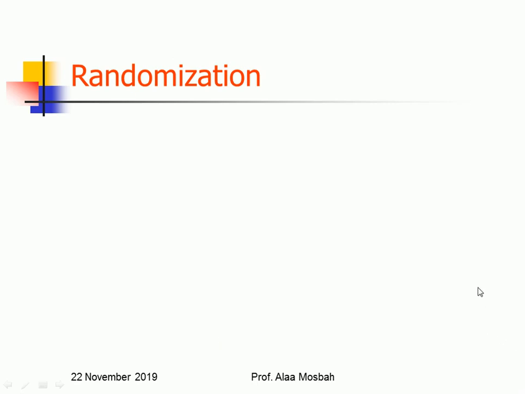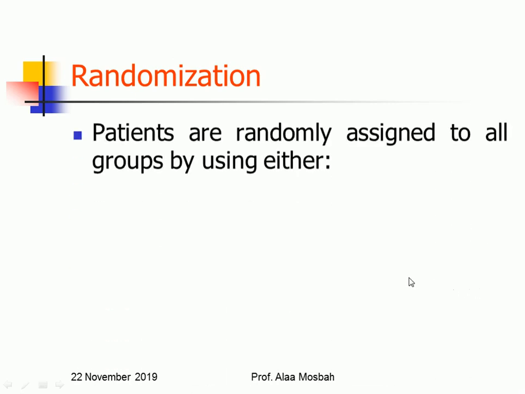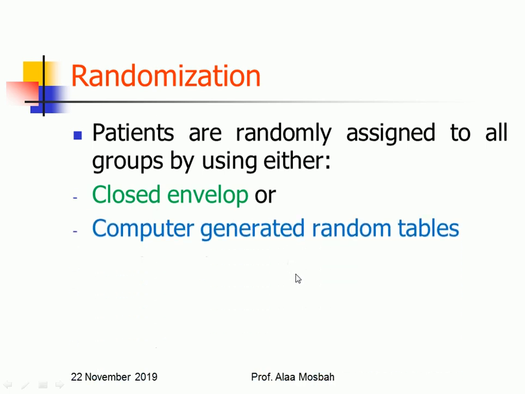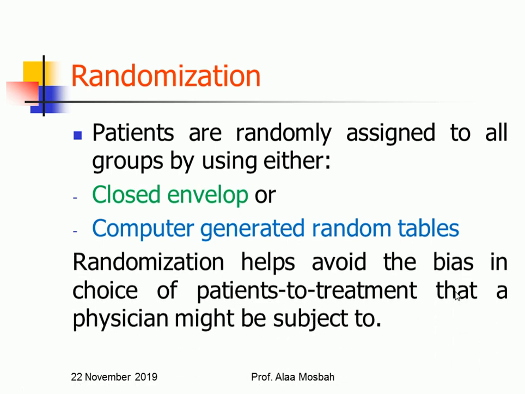Randomization. How can I do it? Patients are randomly assigned to all groups by using either closed envelope or computer-generated random table.